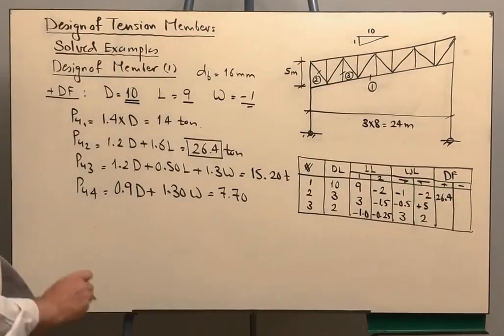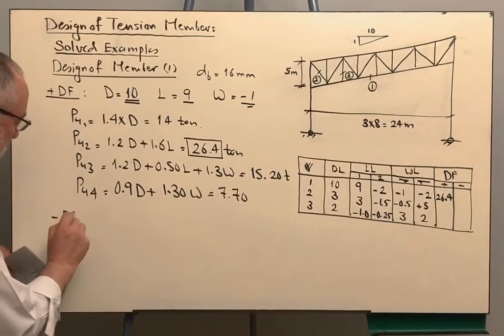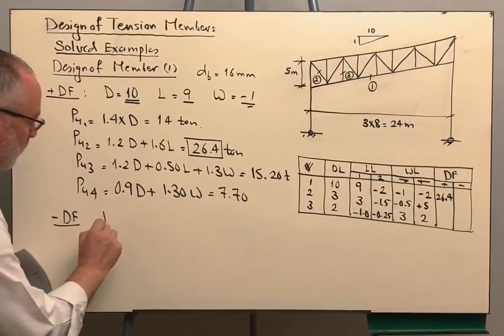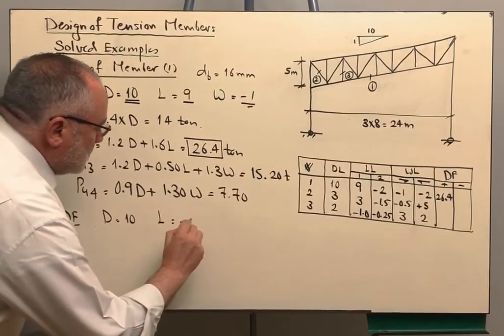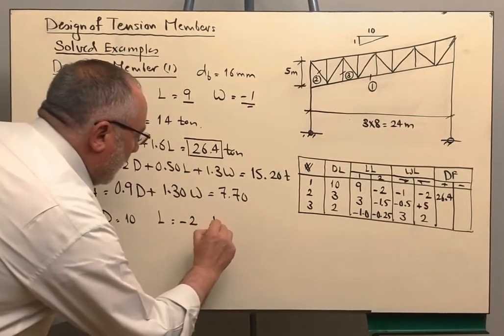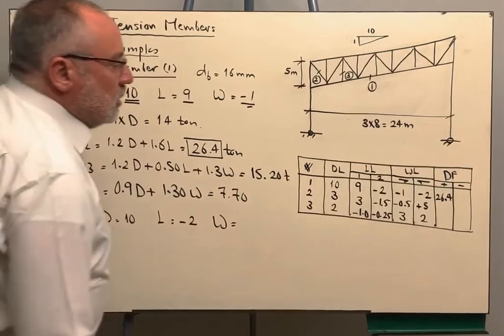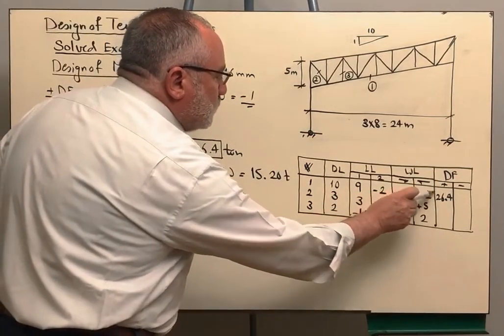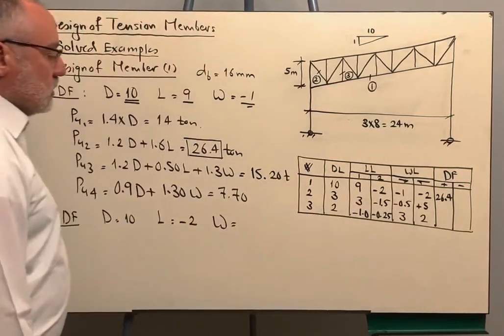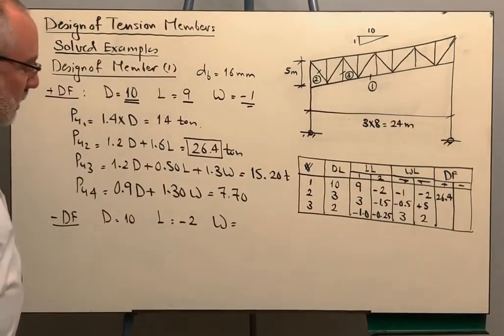Okay? For the negative design force, we have to take the dead load by 10. The live load is negative 2. And for the wind load, we can either take wind left or wind right, but we are going to take wind right since we are searching for the maximum negative design force.